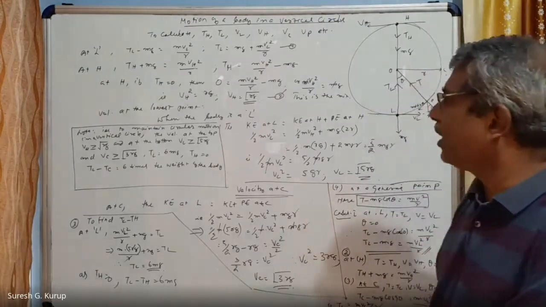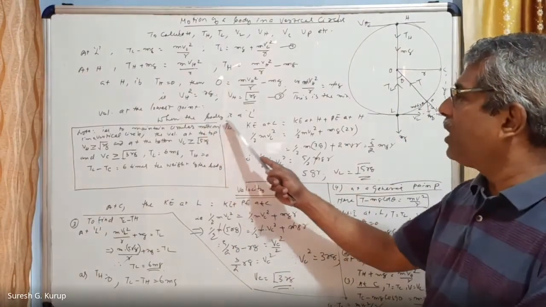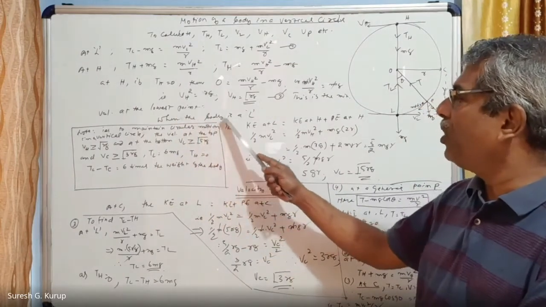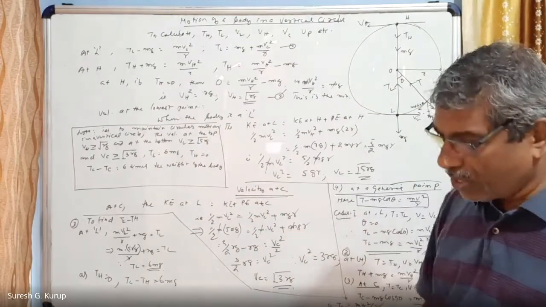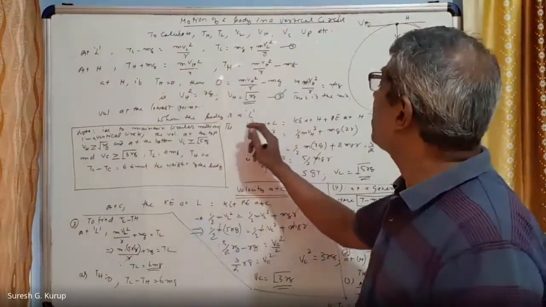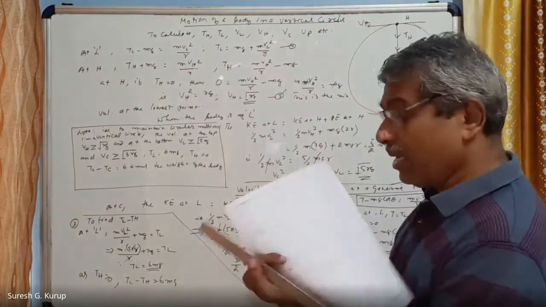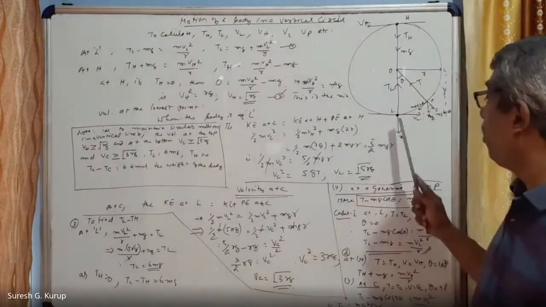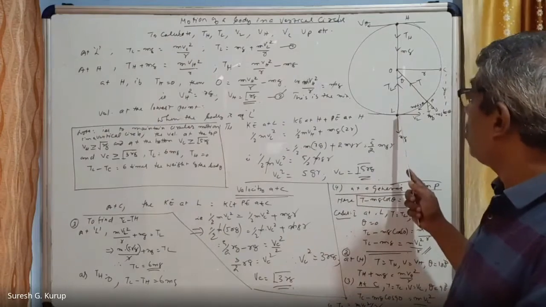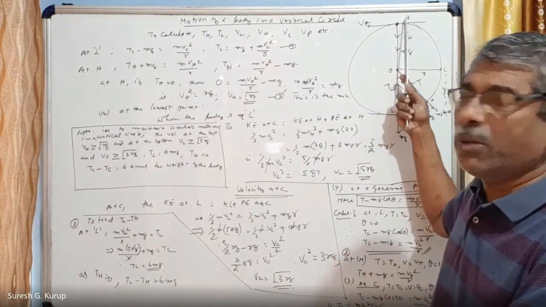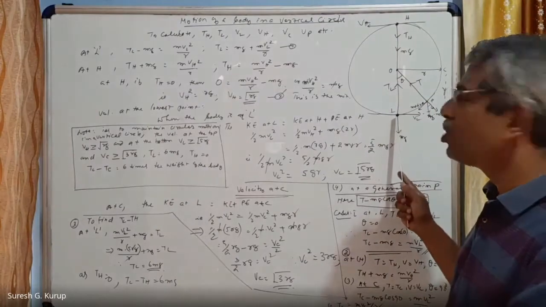Critical velocity. Now, when the body is at the lowest point, that means when the body is at L, what can we write? When the body reaches the point L, the total energy at the highest point will be equal to the kinetic energy at this point.